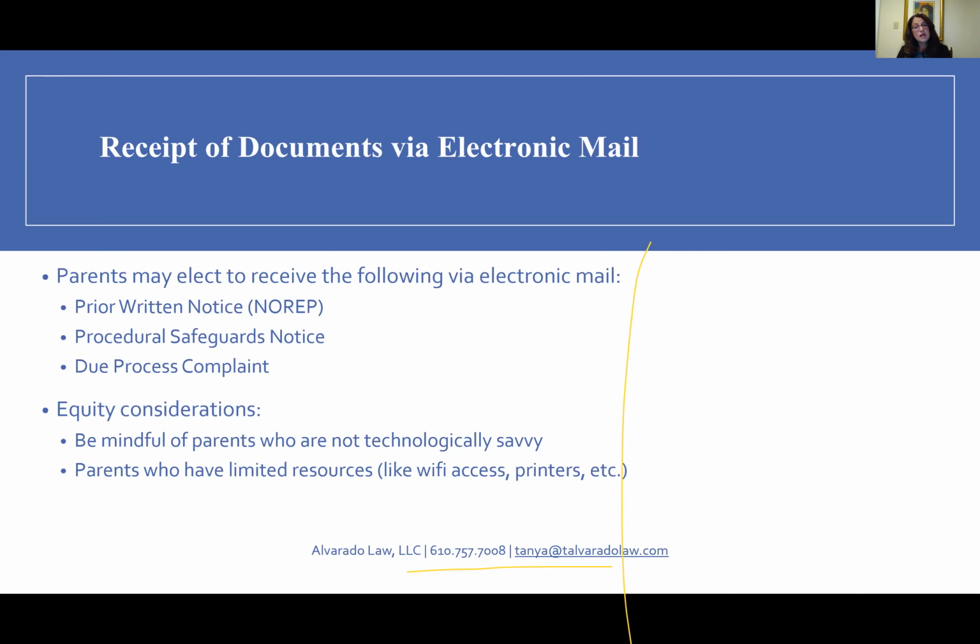Some parents are doing a lot of this stuff on their cell phones. So if you're a parent and receiving it electronically is a problem, you have the right to receive it in another format. Again, the purpose of the statute is to give the parents rights and to give you notice of rights. And if you can't access it, then the school district is required to give it to you in a way that you can access.